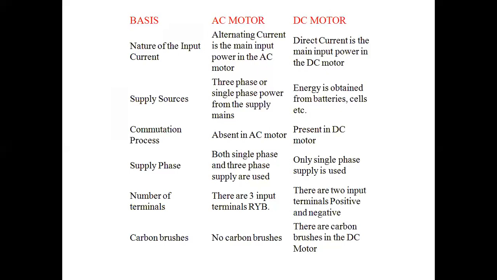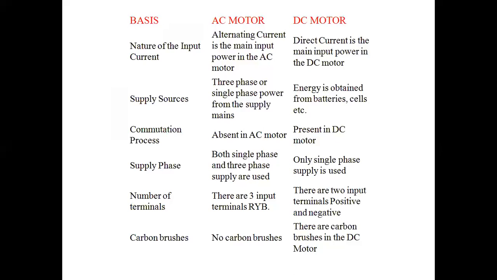Supply source: in AC motor, three phase or single phase power may be used, and in DC motor, energy is obtained from battery, cell, or power converter. Now, commutation process. Commutation process is absent in AC motor but present in DC motor. Commutation process means converting AC to DC or DC to AC.